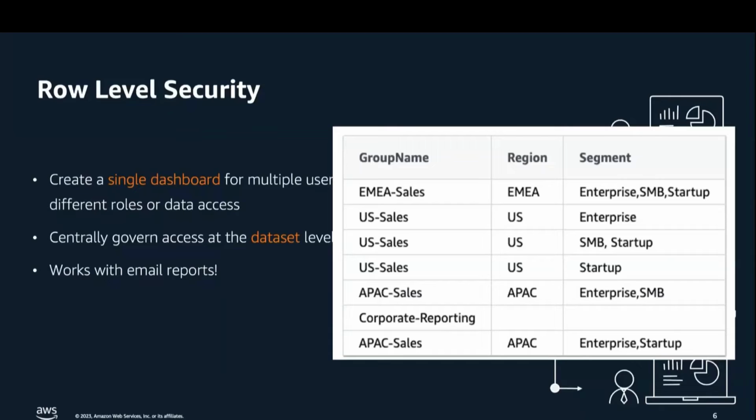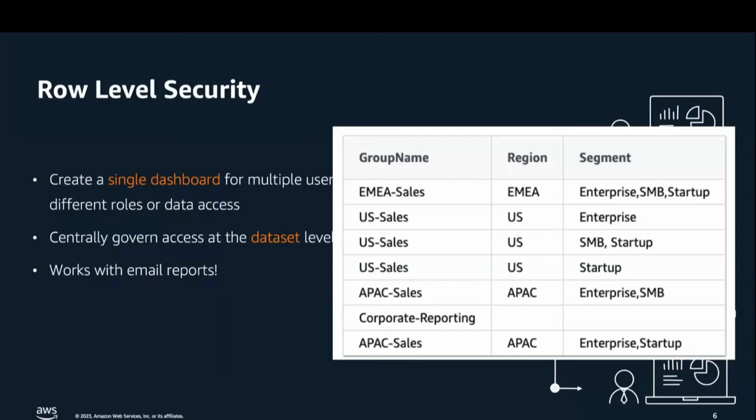Now, if we look at this data set here, this first row up here, EMEA sales, is saying that users who belong to the EMEA sales group can only view data that relates to the EMEA region across all 3 segments. This is compared to users who belong to our US sales group. On the other hand, these users are listed multiple times in this rules data set across different rows.